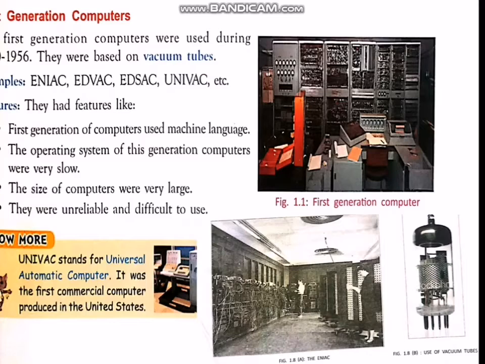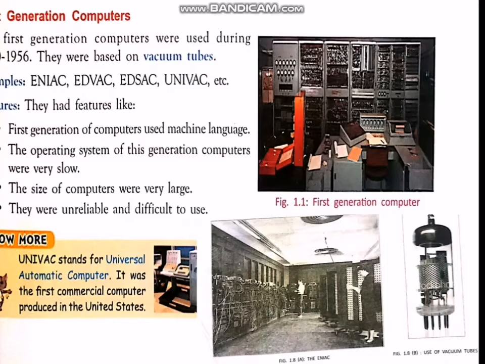It is large in size. And here is another picture, that is vacuum tubes. The first generation computers used these vacuum tubes as the main component. Some examples given are ENIAC, EDVAC, EDSAC, UNIVAC, etc. The figure of ENIAC is given in the picture.